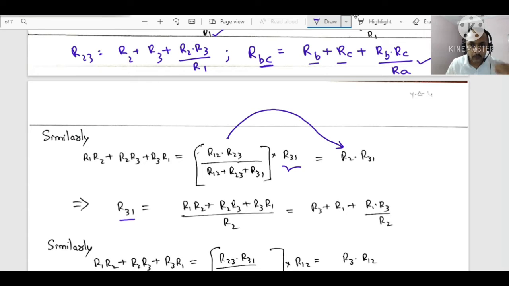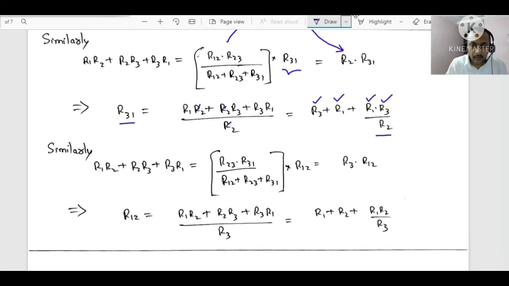Now this R2 will get cancelled, so simply R3 plus R1 into R3 divided by R2.